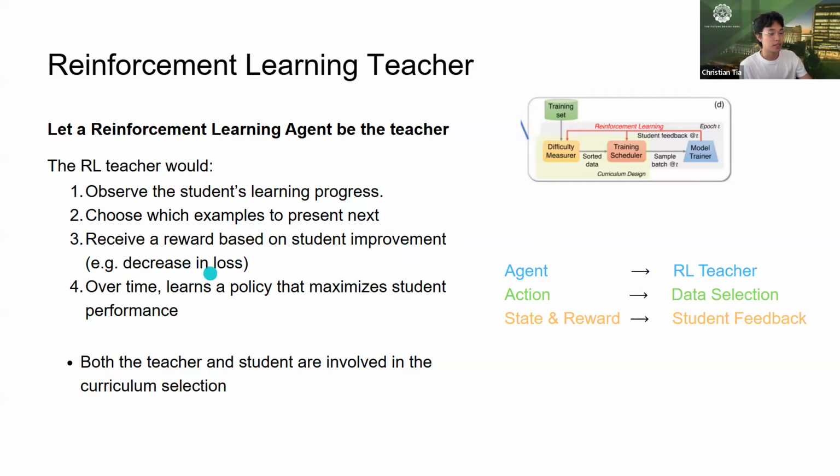This could be a decrease in loss, or actually even an increase in loss could be used as a criterion for reward, because whether the loss went up or down, that's still valuable information to the RL teacher, and it would signify that the examples at that point are significant and learnable.